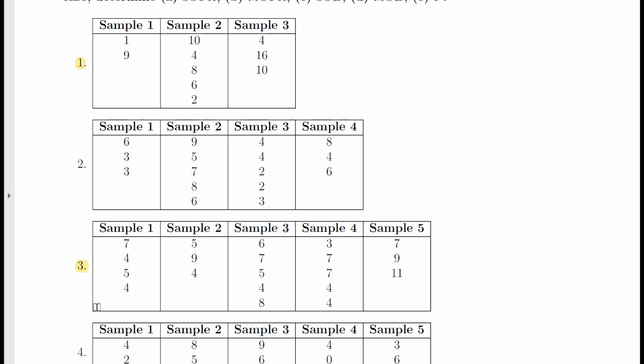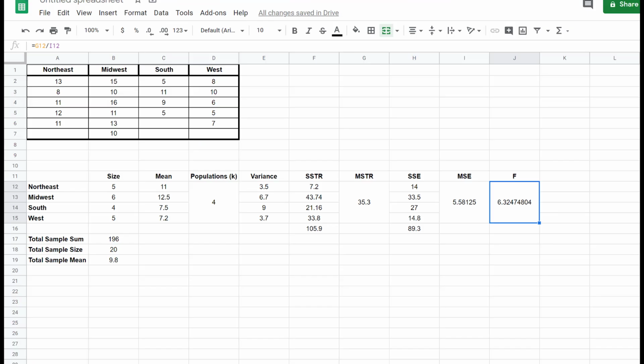Set up your samples in the chart, the way that I did here in the top left, and then create your columns and headers. Make sure you sum up the SSTR and the SSE so that you can calculate the MSTR and the MSE, and then you can set up your F statistic. As long as you're very careful about how you do these, this shouldn't be too bad.